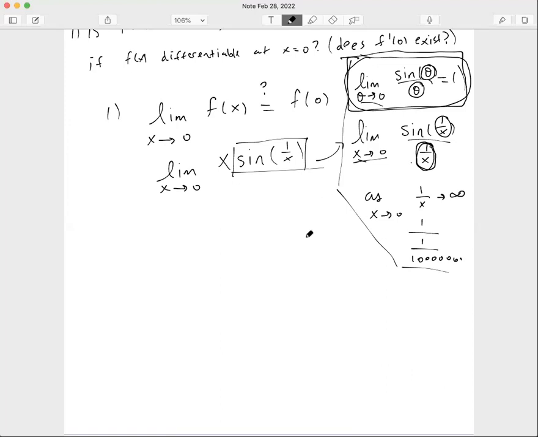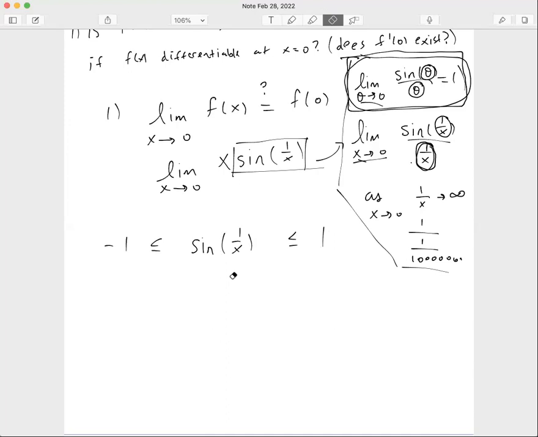This sine function, sine of 1 over x, regardless of what the angle is, this thing inside could be whatever it wants to be, but just by sine in general, this thing cannot go above 1 nor below -1.